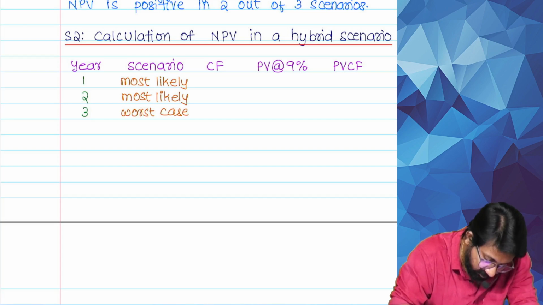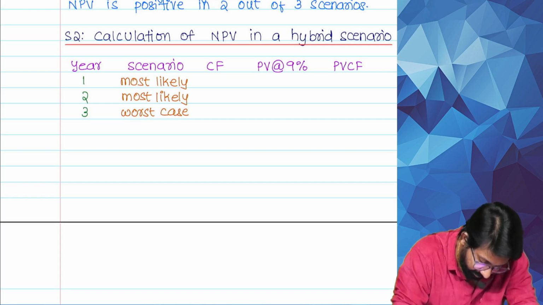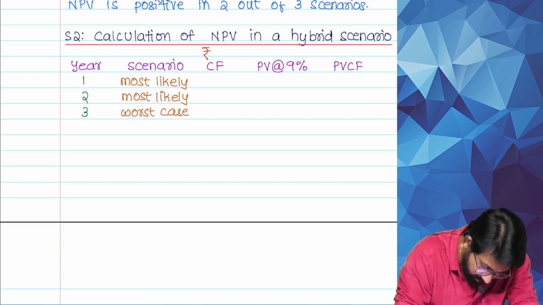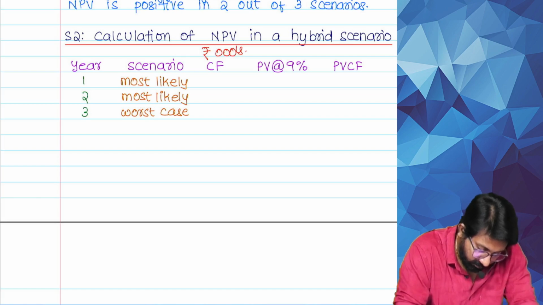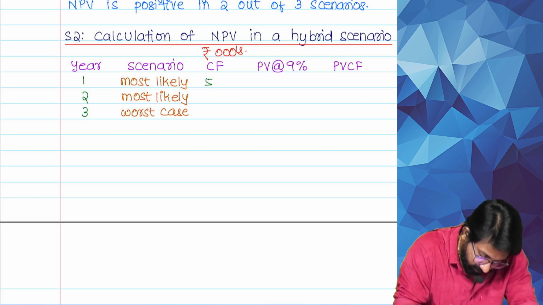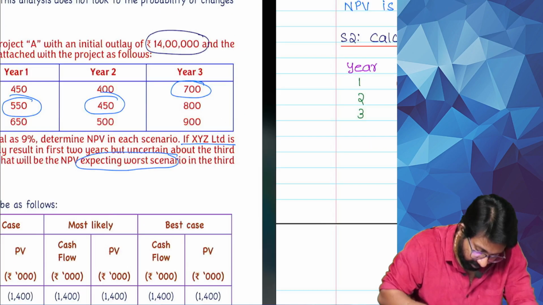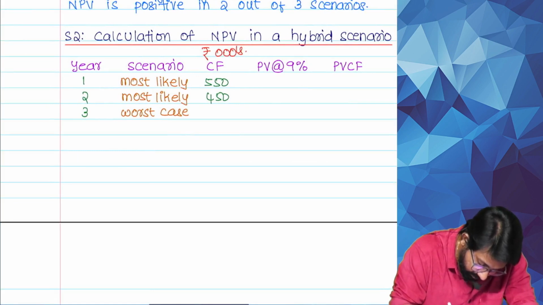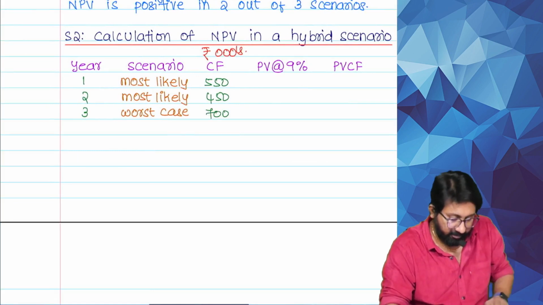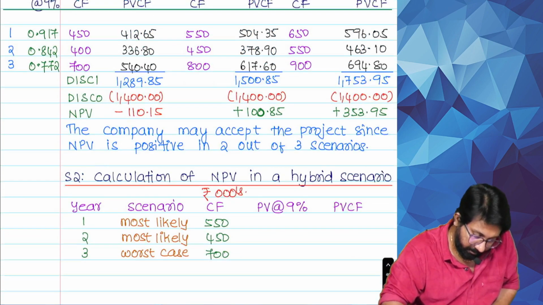Tell the cash flows. One minute. These cash flows are rupees in thousands. Now tell the answer. What are the cash flows? 550, 450. PV at the rate of 9%, already you have written.